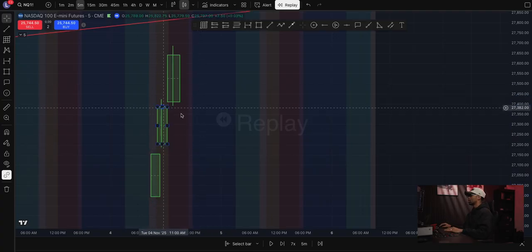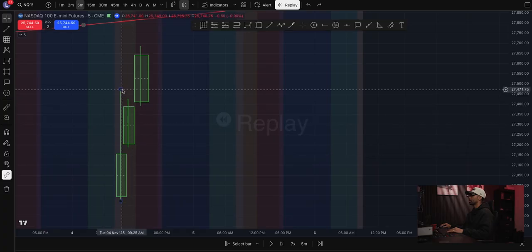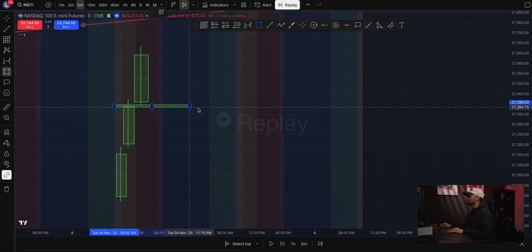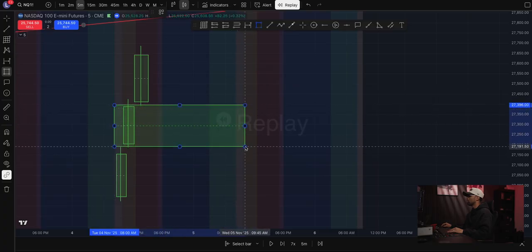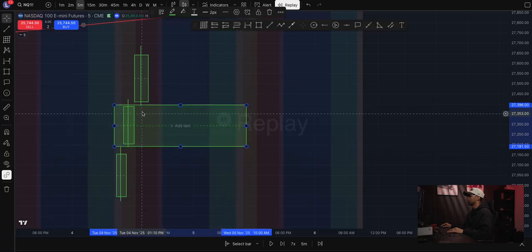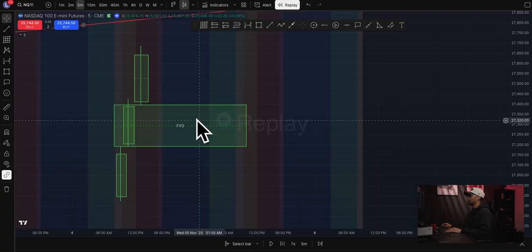All right, so let's break this down for you. Bring this wick back down. So when we see fair value gaps, we see it start from the bottom of that candle to the top of this wick right here. And anytime you see a fair value gap, you're going to see it populate with the actual indicator. It's going to say FVG, okay?